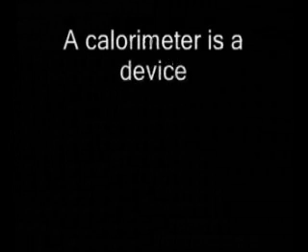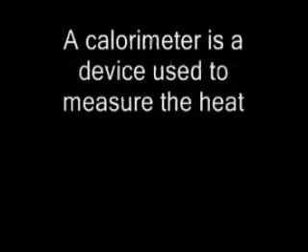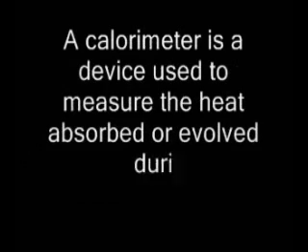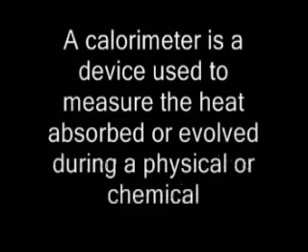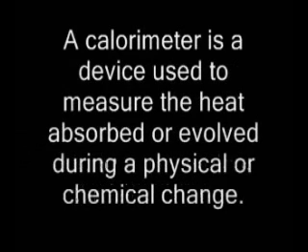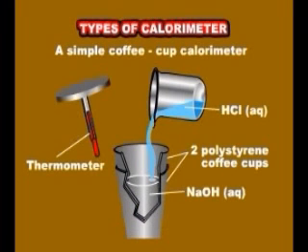Measurement of heat of reaction. A calorimeter is a device used to measure the heat absorbed or evolved during a physical or chemical change. Types of calorimeter. It could be simple as in a coffee cup calorimeter, which consists of an insulated container.